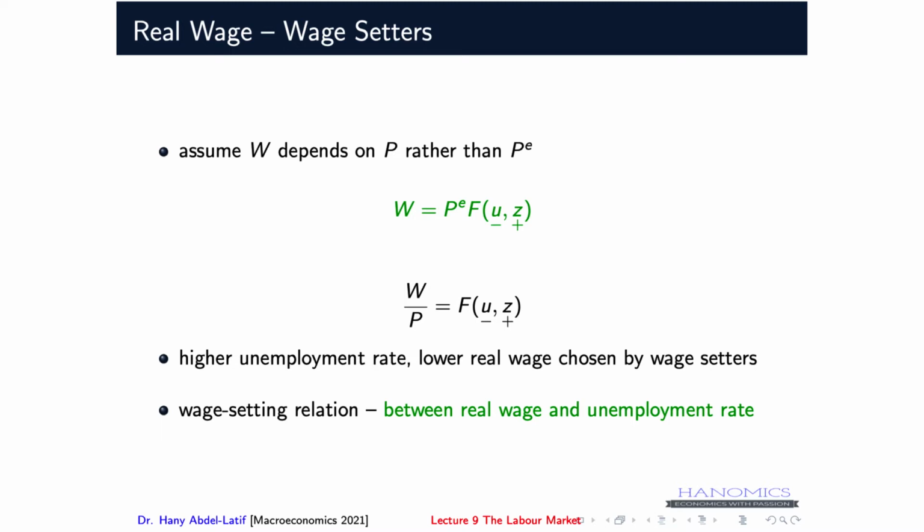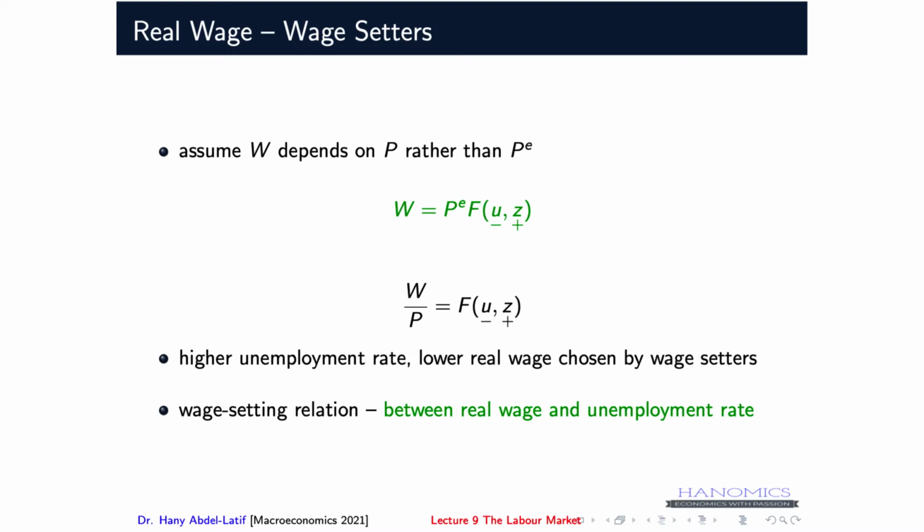So that means what we have here is the real wage depends on U and Z. So the unemployment rate and this factor that we said captures all other variables. Okay. So a higher unemployment rate means a lower real wage, chosen by wage setters. Which we call here the wage setting relation. So it's a relationship between the real wage and the unemployment rate.